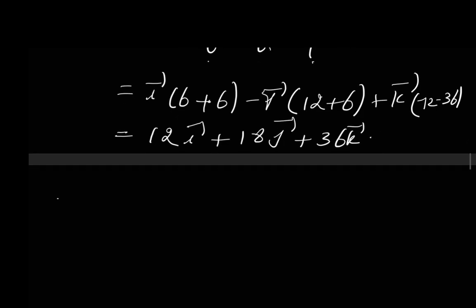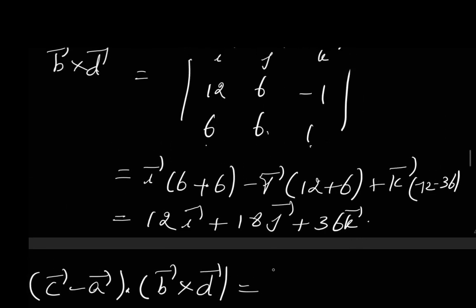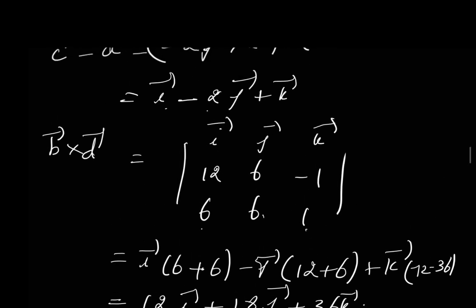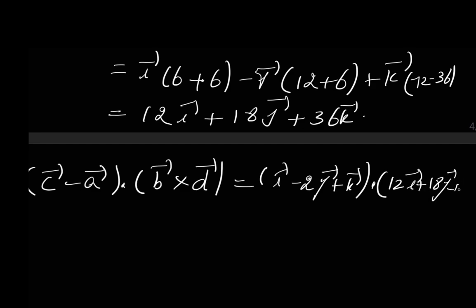So find the dot product of vector c minus a dot vector b cross vector d. So what is c minus a? You got i minus 2j plus k dot 12i plus 18j plus 36k vector.